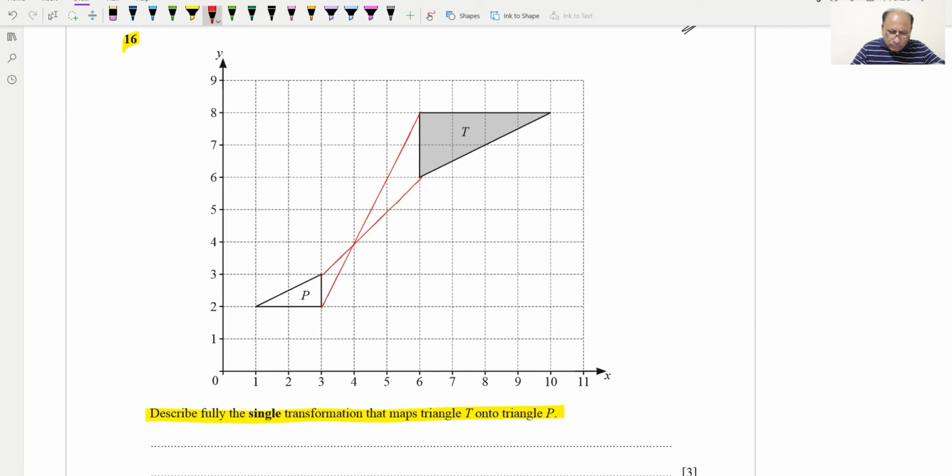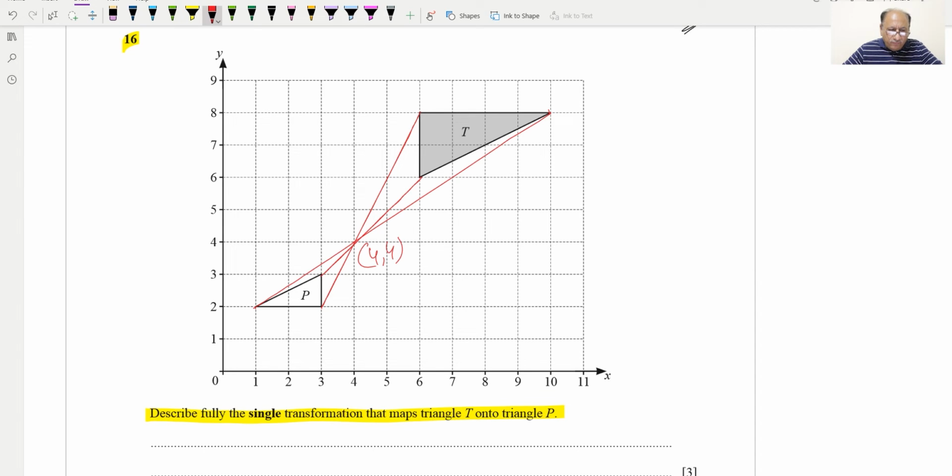We can join the third vertex as well, and we will get this one. So this is basically the center of enlargement. Its location will be 4 and 4.